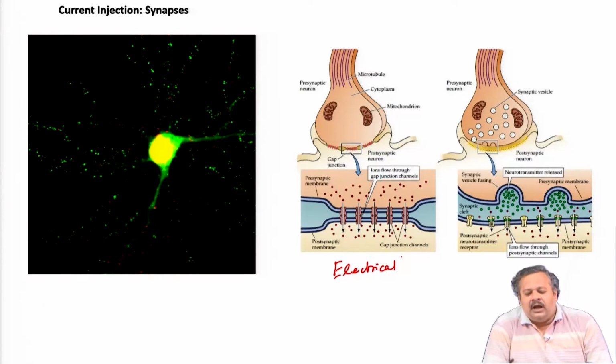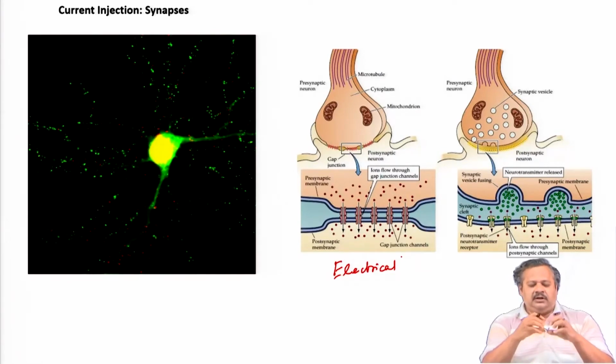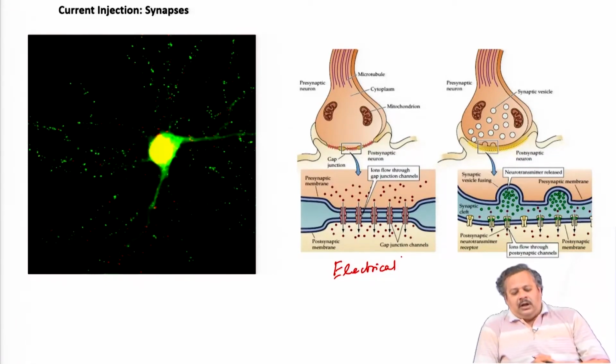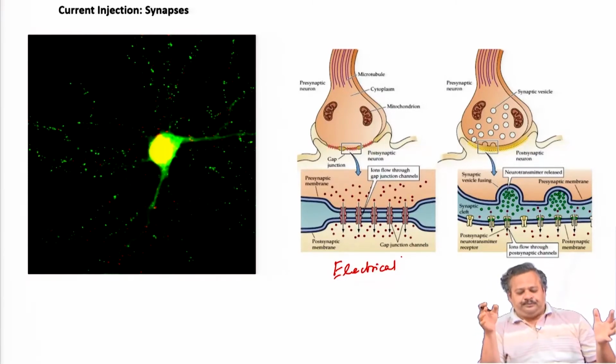Here the membranes are touching each other, and the gap junction proteins sit face to face with each other, making a pore and connecting the inside of one neuron to the inside of the other neuron.